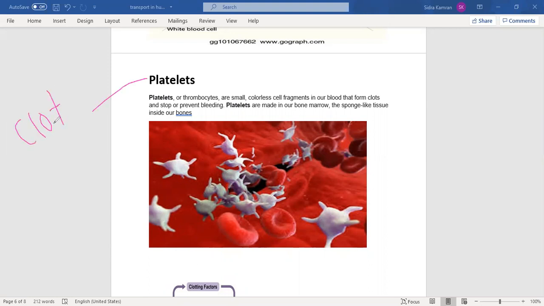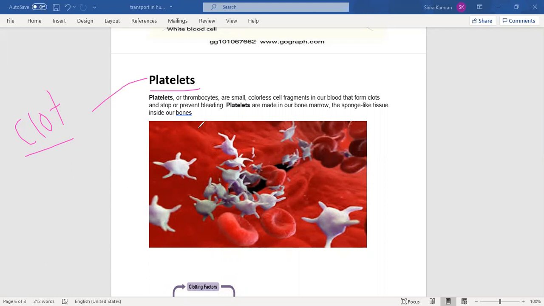When you face any kind of wound, any kind of cut, due to that cut your blood could be wasted. So these platelets make a clot on that cut, and due to that clot our blood is prevented from being lost. Clear?